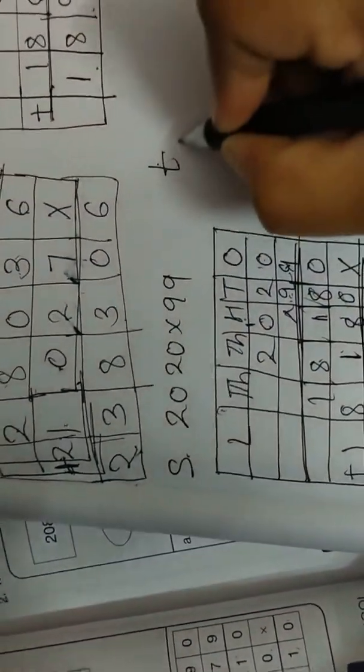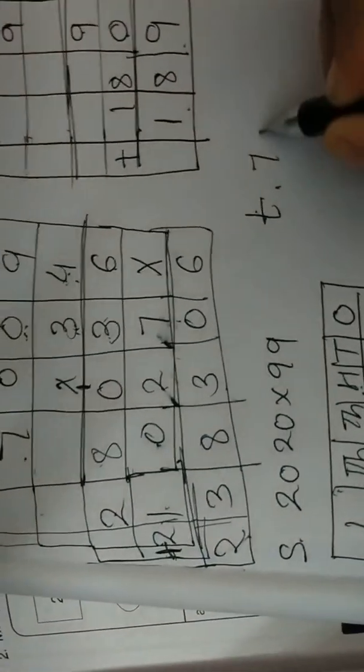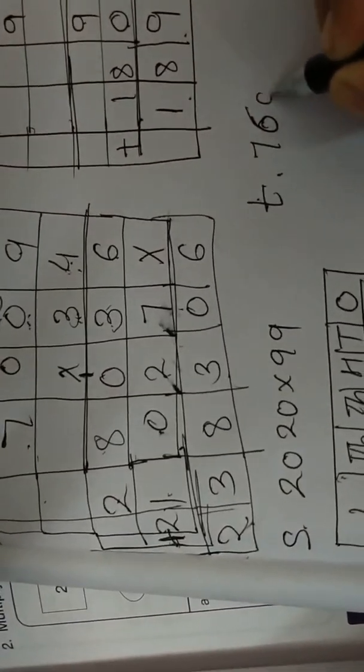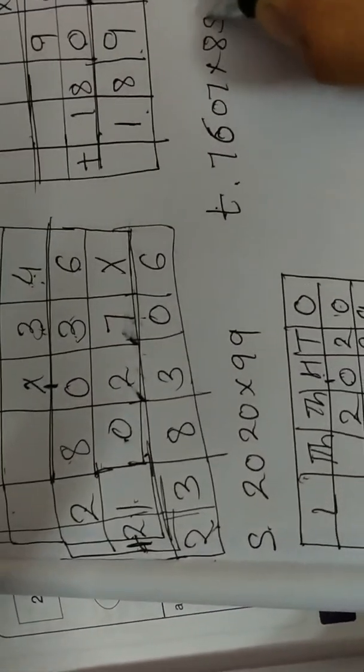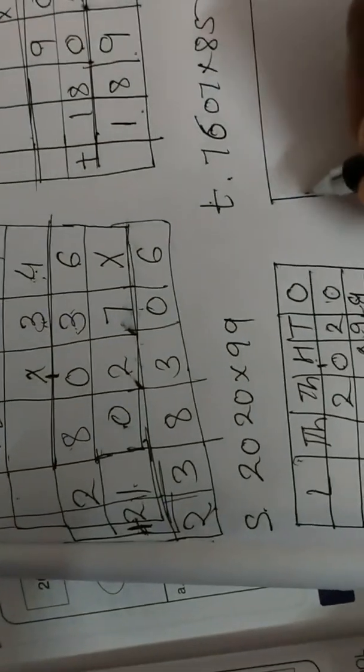Now students, next sum. So in that question, 7,607 multiplied by 85. So we have to do the place value box first.